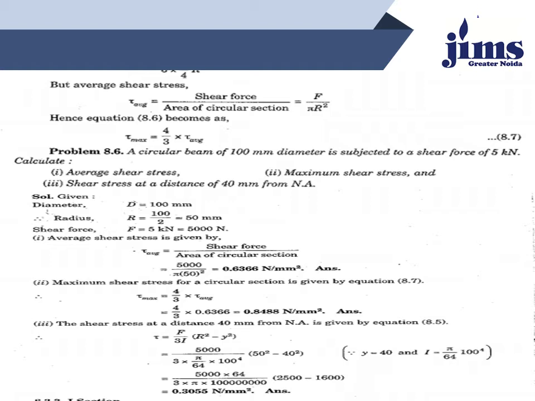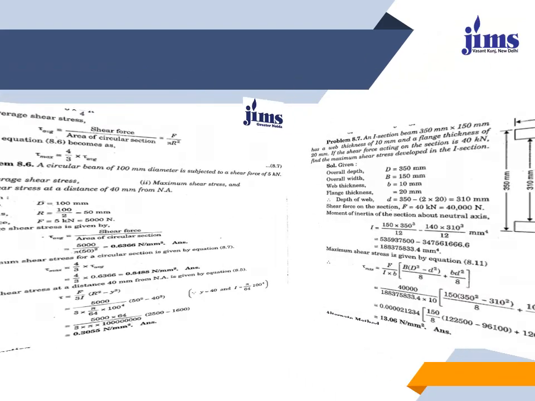The next question: the shear stress at a distance 40 millimeter from the neutral axis is given by equation 8.5, that is tau is equal to F upon 3I multiplied by r square minus y square. Putting all these values of F, I, r and y, we get tau is equal to 0.3055 Newton per millimeter square. So this is the question which is related to a circular cross section.